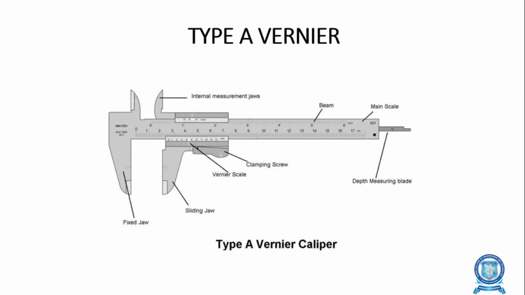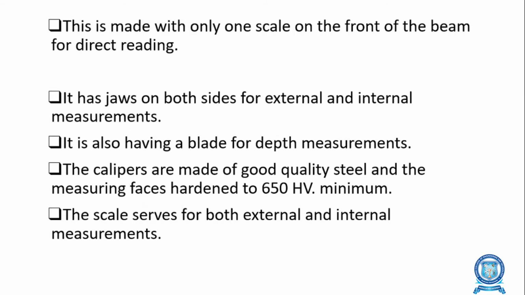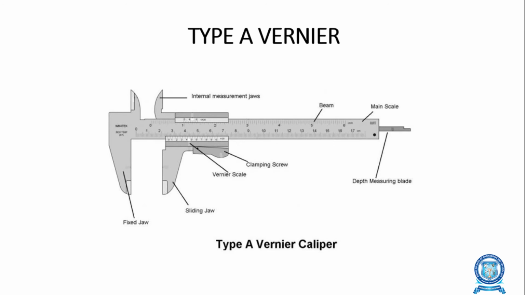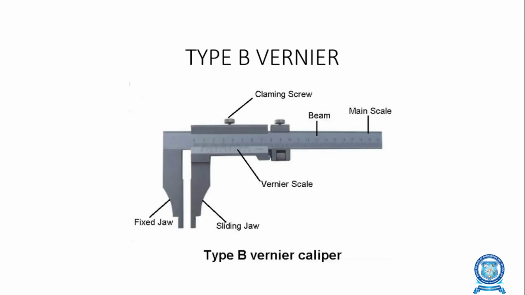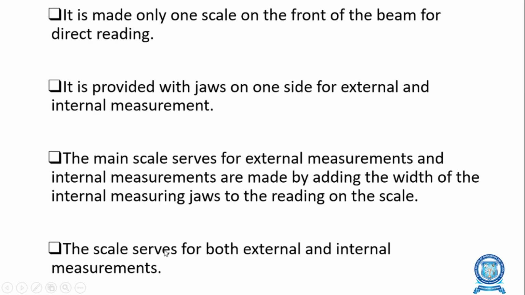Then here there's a type B vernier caliper. Here the internal and external measuring jaws are on the same side of the vernier caliper.